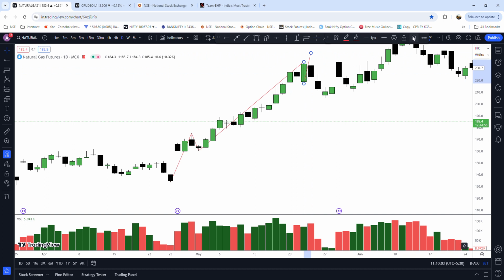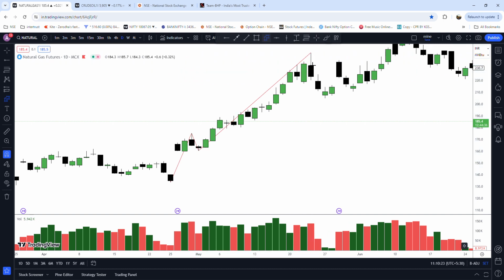So when you come across days like this, just make sure that you continue the trend that was earlier. In this case we were on an uptrend, so we will continue with the uptrend, and hence we will touch the high only, not the low. Now price reaches all the way till here.